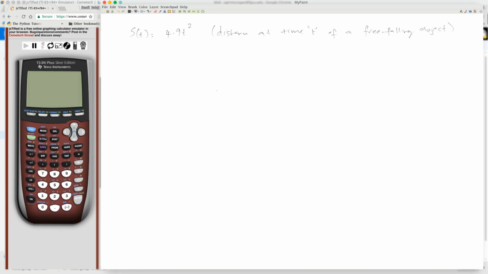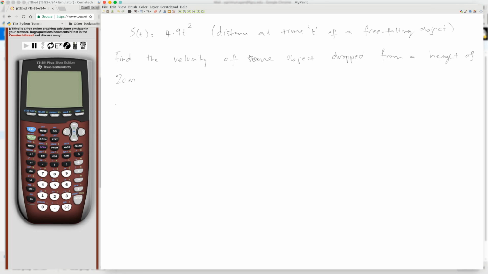Suppose we would like to know the velocity of some object dropped from a height of 20 meters. It has to be in meters because this expression holds true in meters.